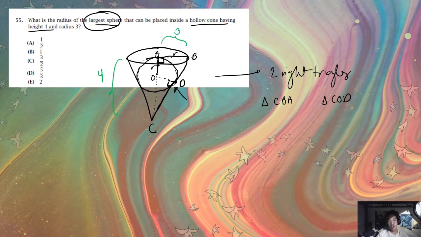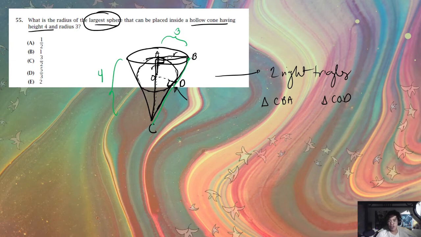Now, if this is 3 and this is 4, we can find the lateral side measurement of BC. Since this is a right triangle, we can use the Pythagorean theorem in order to find the hypotenuse of this right triangle that we just formed a while ago.